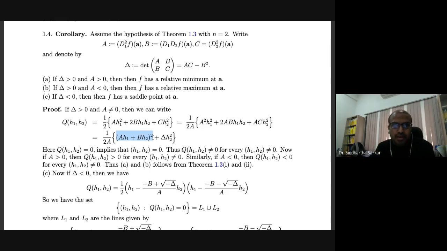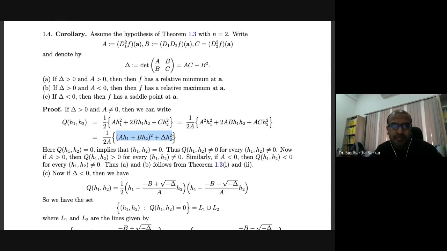Okay, now you see that if I expect Q(h1, h2) to be 0, then I should have h1, h2 themselves equal to 0. Because if this is 0, A is non-zero, so the term within the bracket is going to be equal to 0.